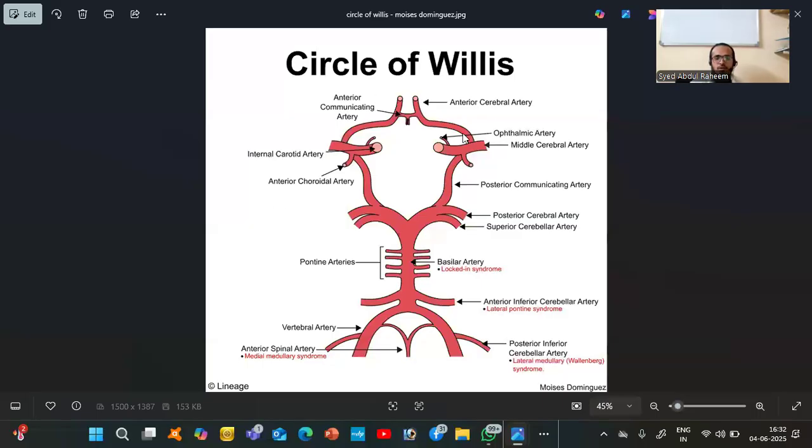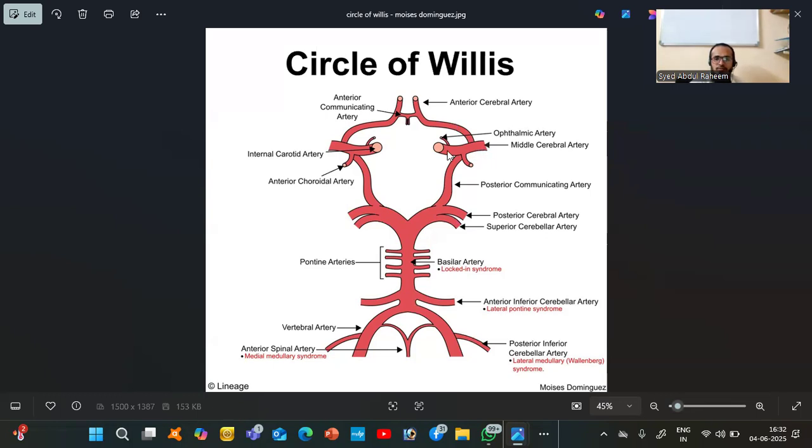So this is the image I am showing you. You have to remember this picture, very important. Circle of Willis, we call it. You can see these are the arteries, different arteries. You have here the middle cerebral artery.